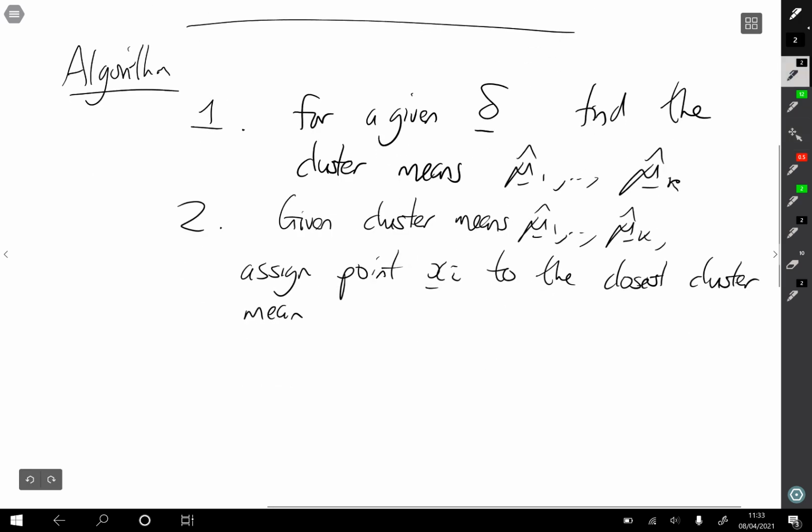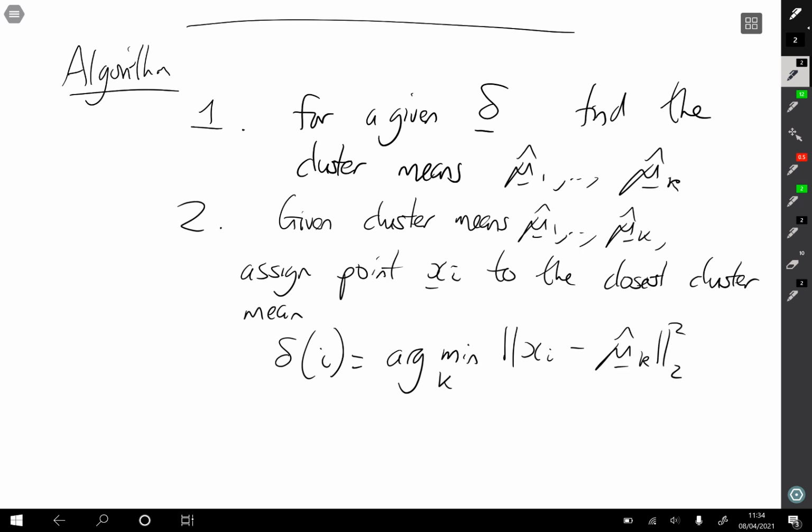In other words, we set delta i equal to the value of k that minimizes the distance between xi and the current cluster means. And then we iterate steps 1 and 2 until convergence.